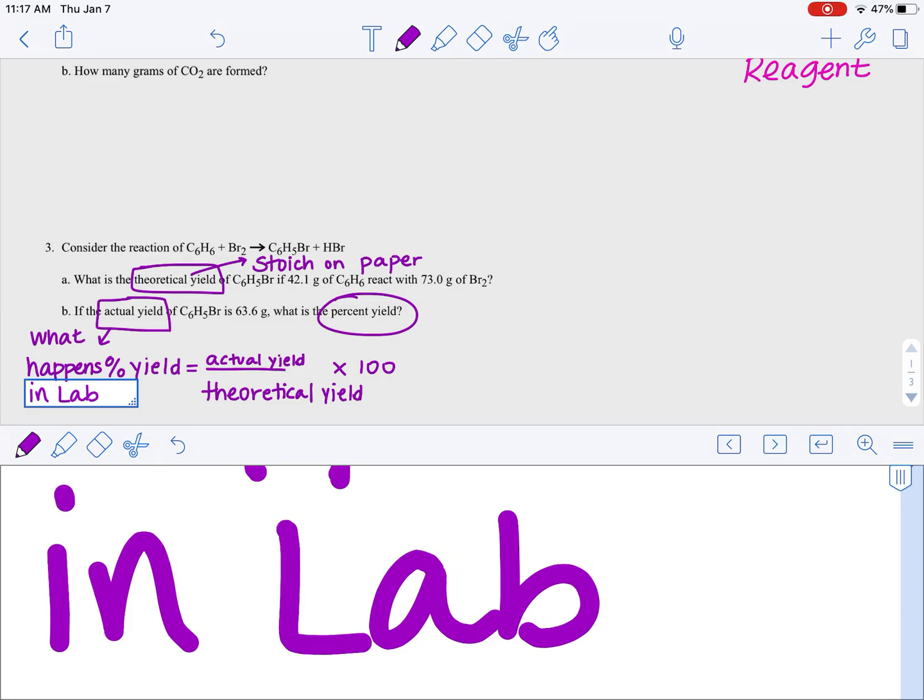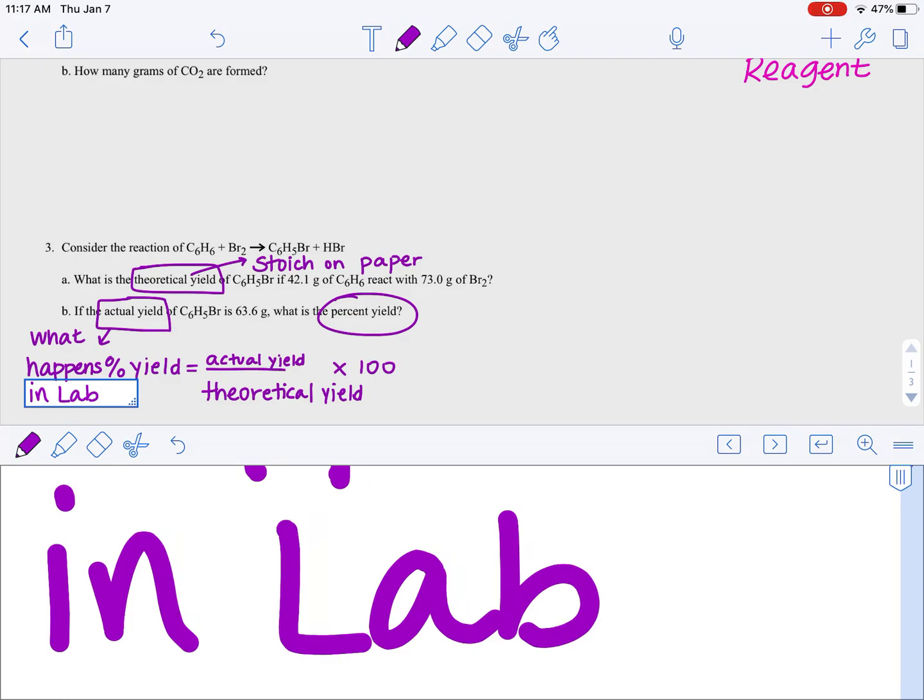So we tend to lose things, or maybe if our species was wet and we needed to dry it before we massed it, if we didn't let it dry all the way, now we have extra water molecules in there, so our matter is heavier or higher than it's supposed to be.